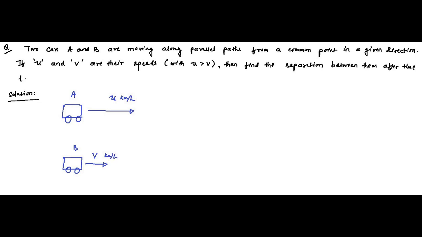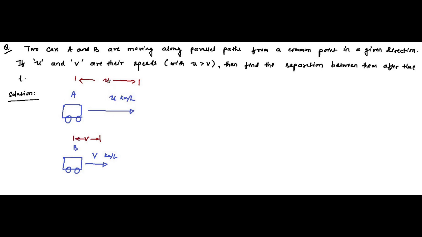So after, let's say, 1 hour, what will happen? Car A will have covered a distance u, and car B will have covered a distance v kilometers, because the speed is u kilometers per hour.